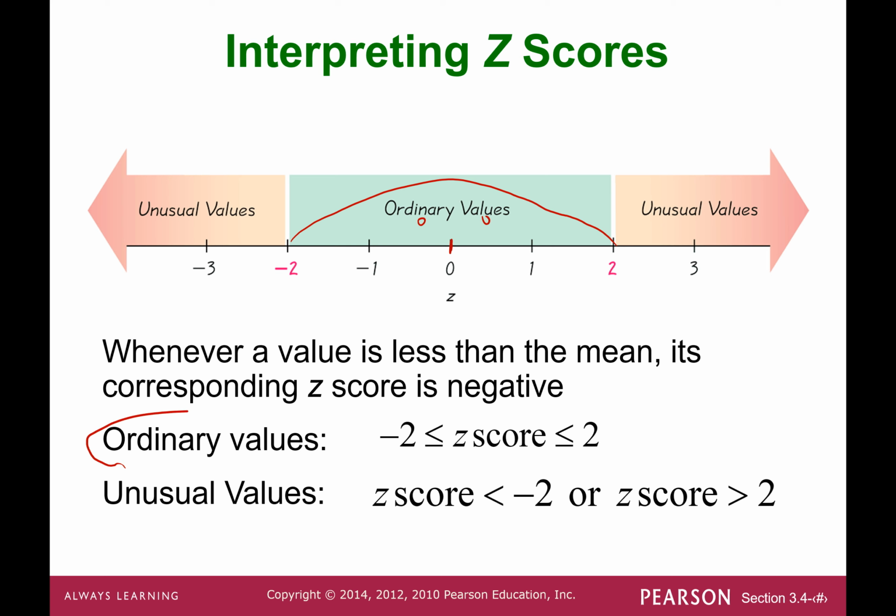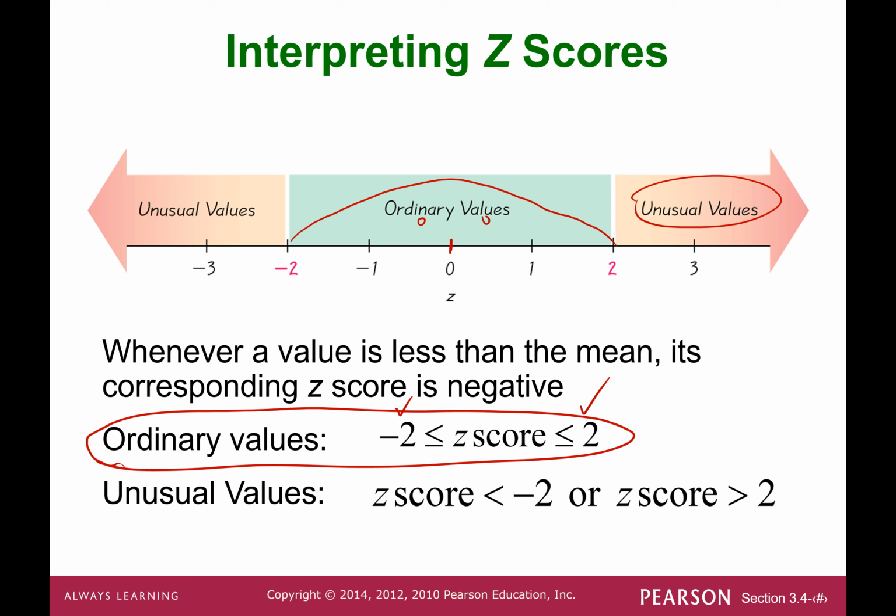Ordinary values occur when the z-score is greater than or equal to -2 and less than or equal to 2.